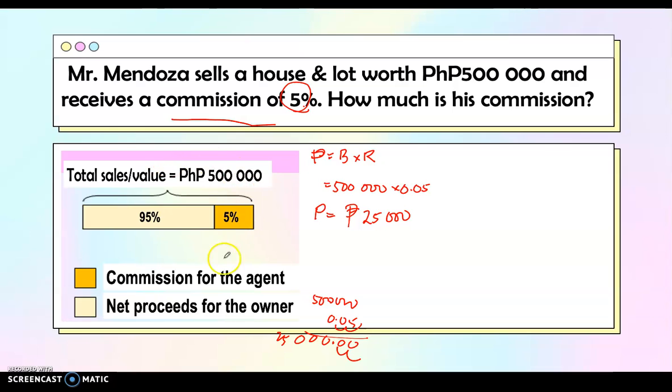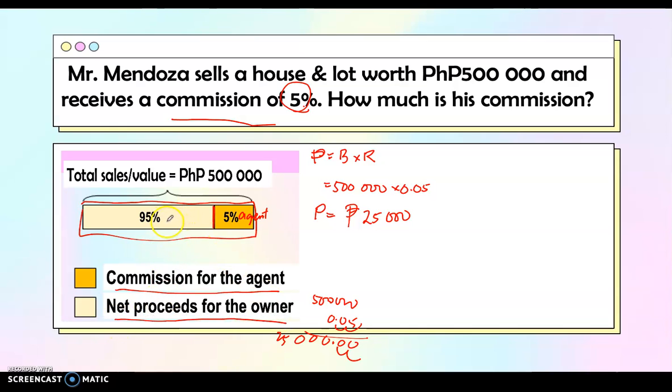Now, if you're going to visualize this, this is the total value, the 500,000. 5% of that is for the agent, or the commission that is for the agent who sold the property. And the net proceeds is for the owner.